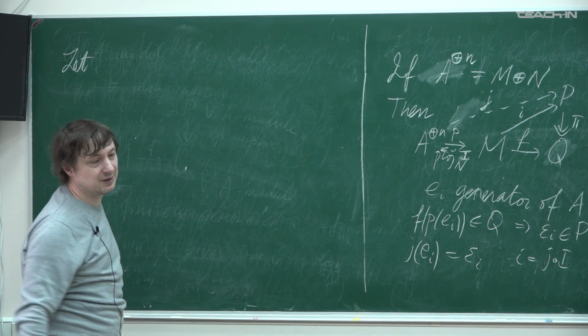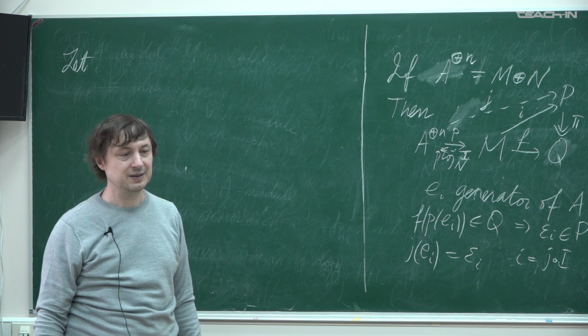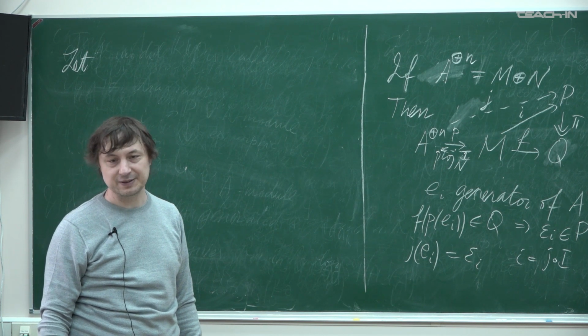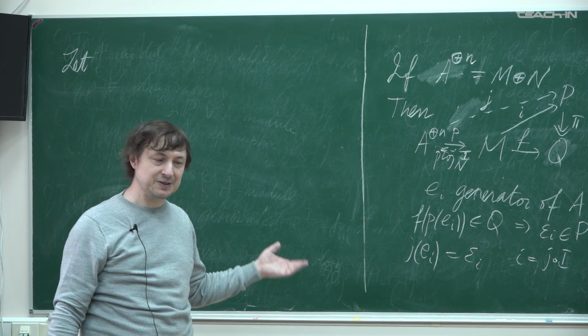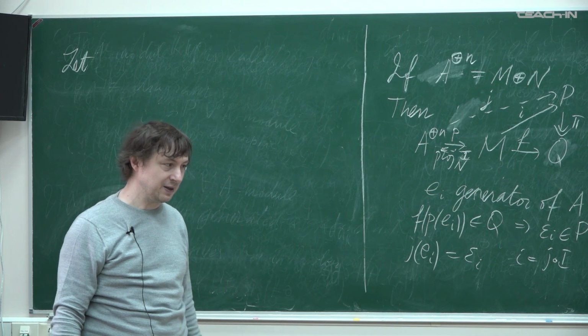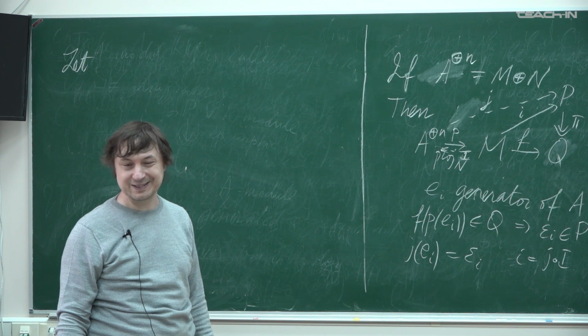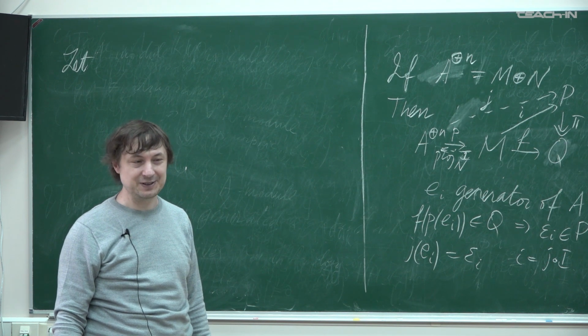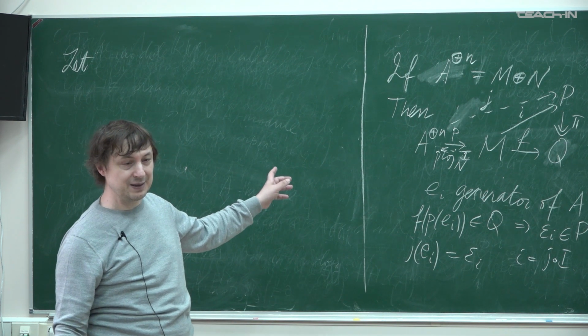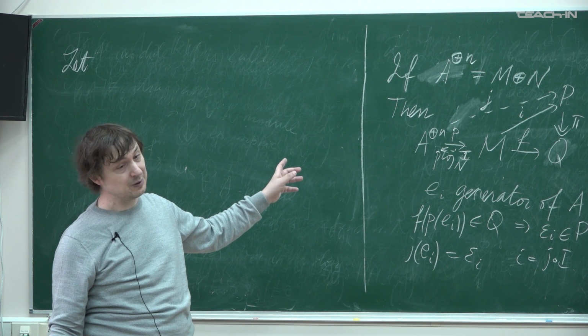Since I started later, it's okay, but I think it's better to start next time, because it will take me at least half an hour to conclude. Next time I'll go into some homological algebra.